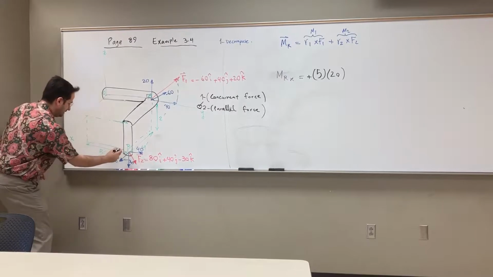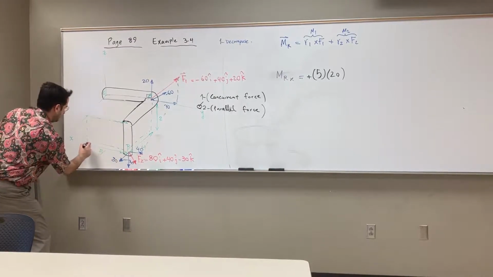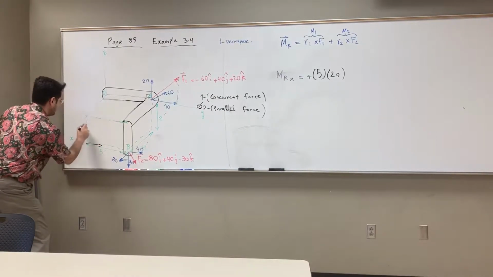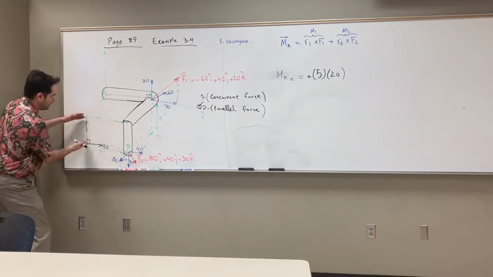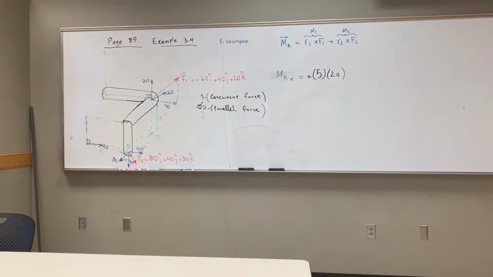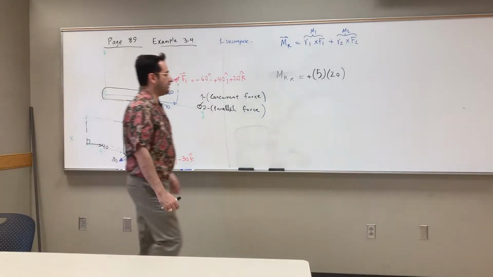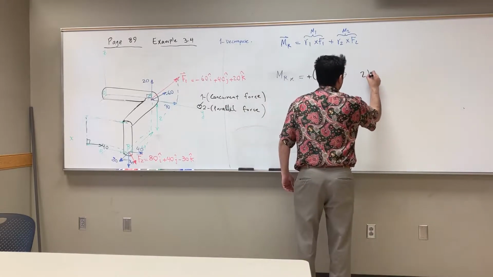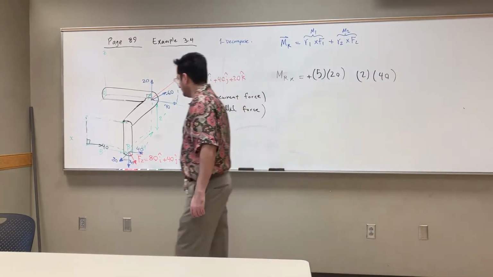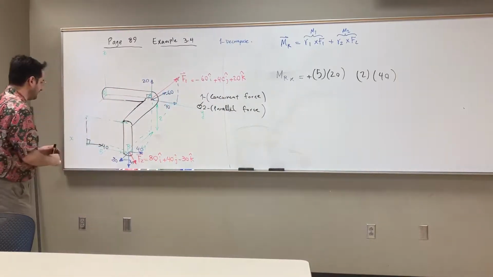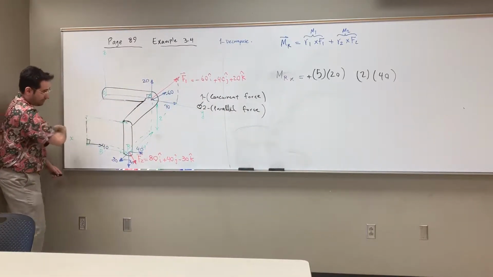You move it all the way, so you put it here. And here is orthogonal, 40. So that's your moment arm. So the moment arm is 2. So 2 times 40, positive or negative? Positive. R cross F goes this way.